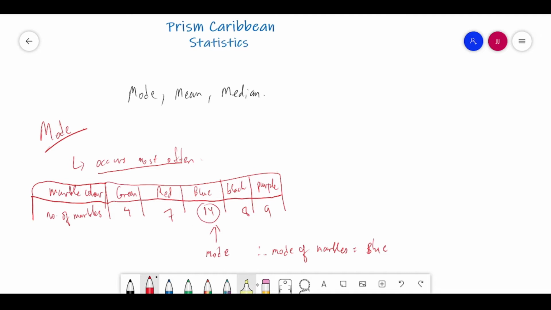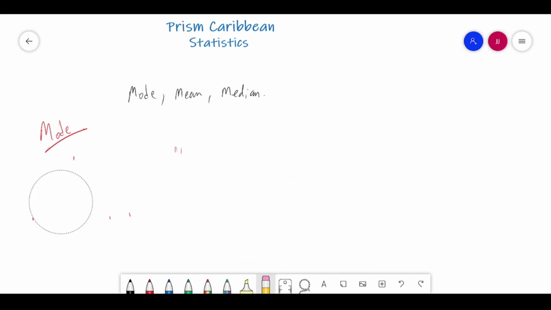Now, mean and median, on the other hand, they tend to be a bit tricky sometimes, right? Of course, I don't really have access to graphing, but I can show you the concepts, right? But let's go with mean for now.